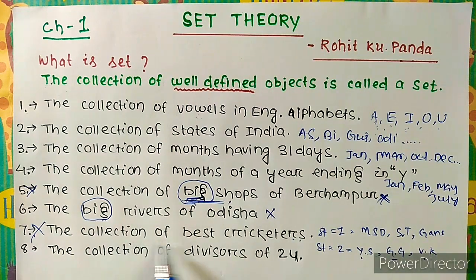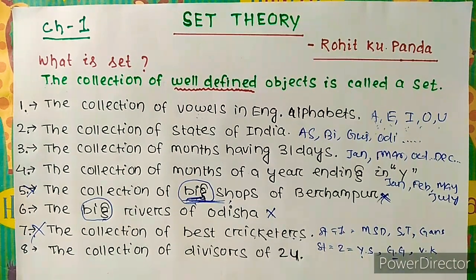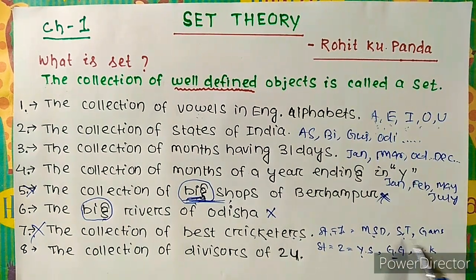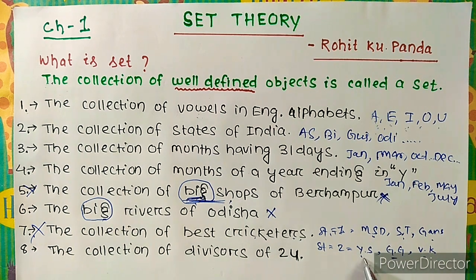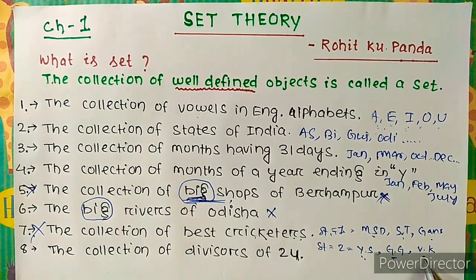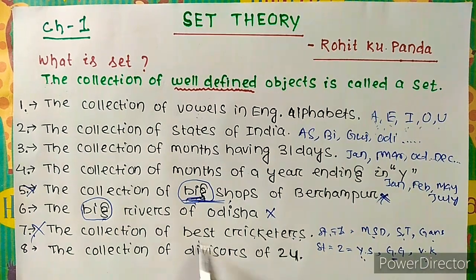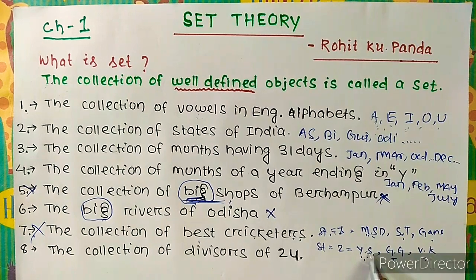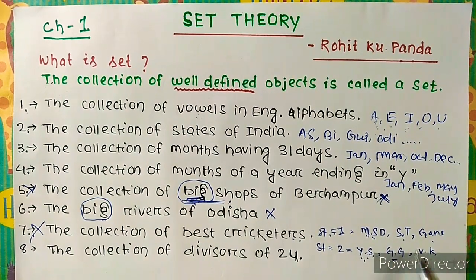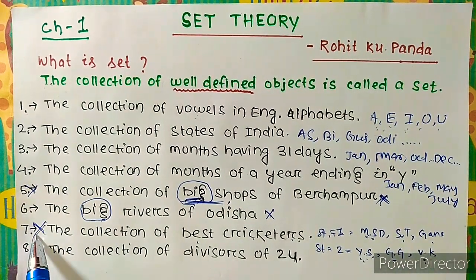Why? Because for a single statement there are 2 answers. For a single question there should not be 2 answers. If confusion arises or it is not well defined, then we can say that it is not a set.